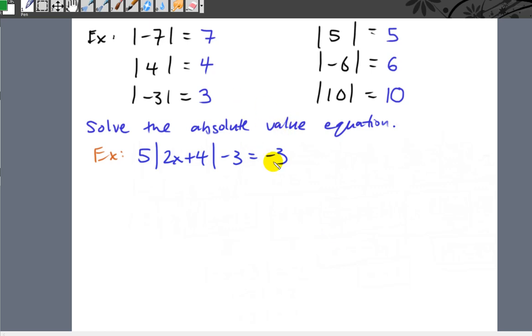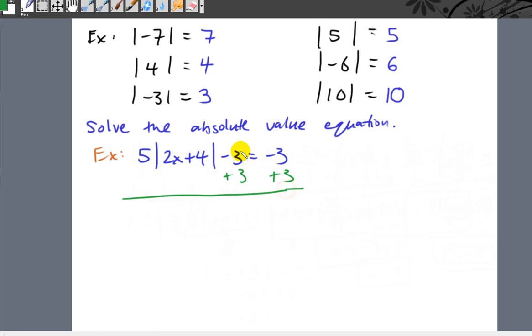All right, final problem. Okay, let's think about what we need to do here. Same idea, like I said earlier, we want to isolate this absolute value expression somehow. First, we can get rid of the negative 3 by adding 3 to both sides.